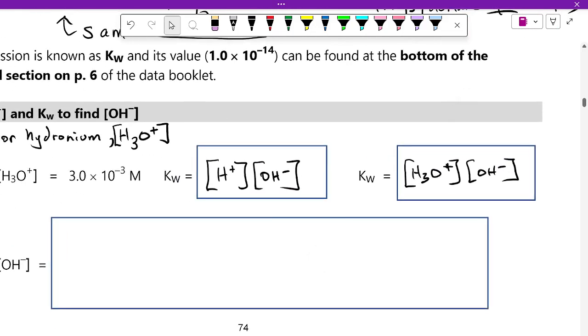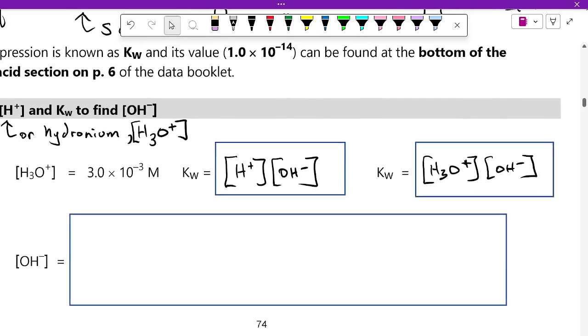Now, all you need to do is rearrange that formula to solve for OH. What is OH equal if you solve for OH? KW divided by H3O plus, because we were given H3O plus.